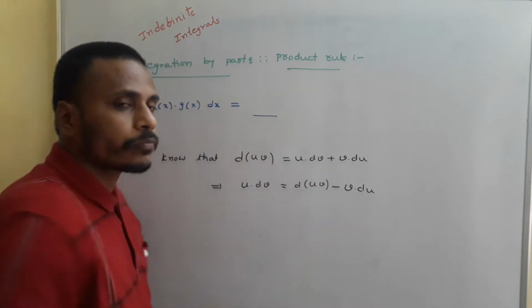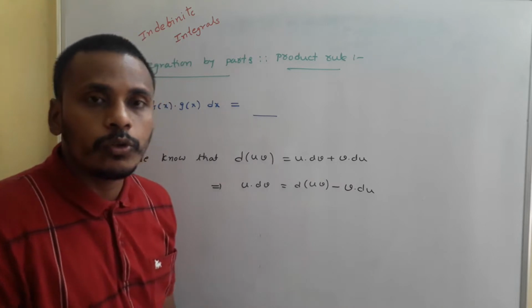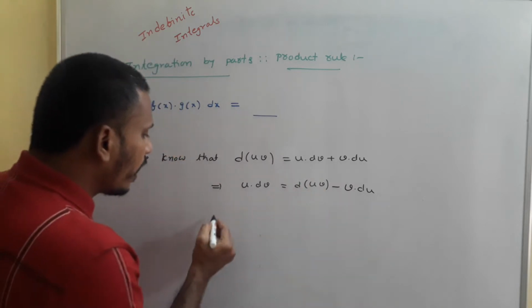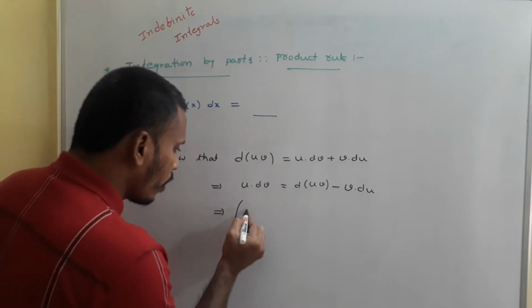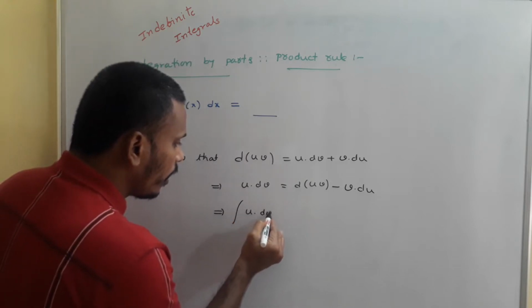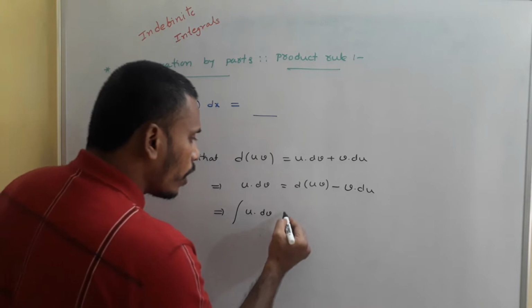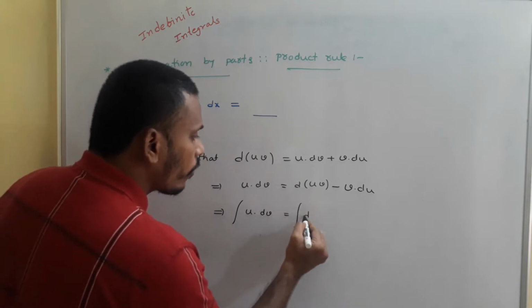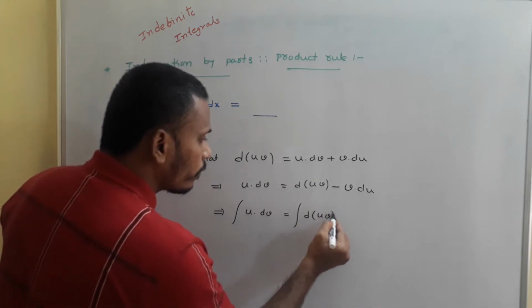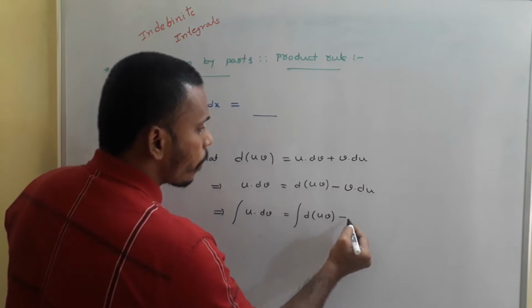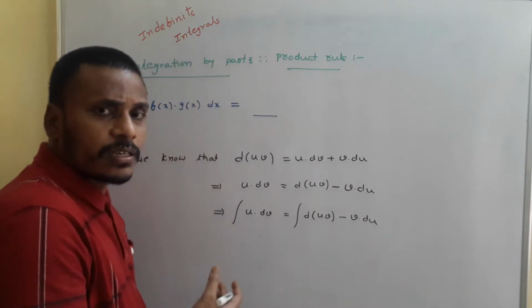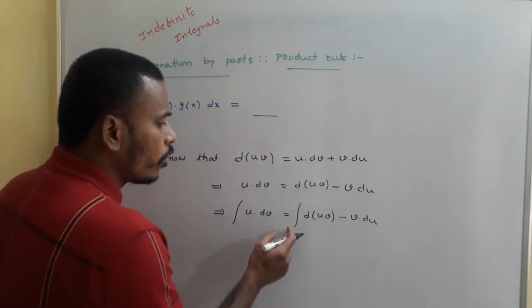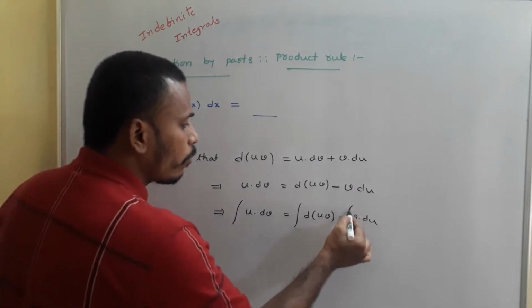Is it clear? Now what I am going to do is apply integration for everything. The integral of u into dv is equal to the integral of d(uv) minus v du. Since we know the algebra of integration, it is easy to integrate both the terms.